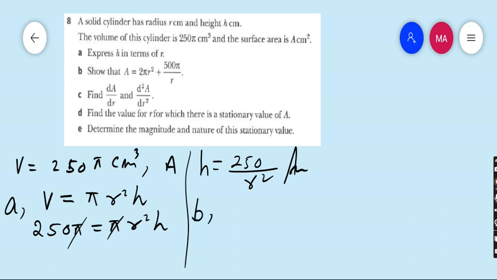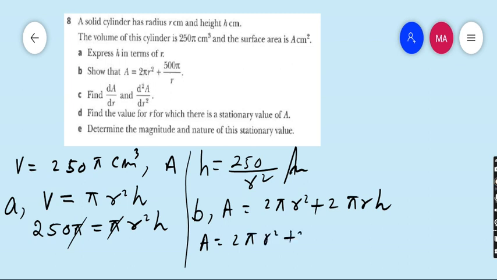Move to part B. Show that A is equal to 2 pi r square plus 500 pi upon r. The formula of the area of a cylinder is 2 pi r square plus 2 pi rh. So 2 pi r square plus 2 pi r times h, where h is 250 upon r square.